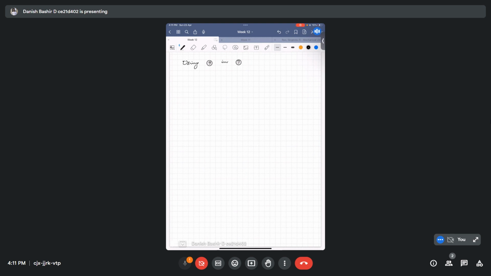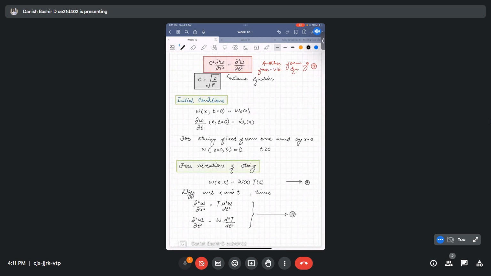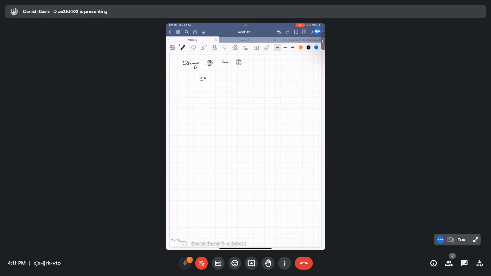We will have c square times T d²w/dx² equal to w d²T/dt².